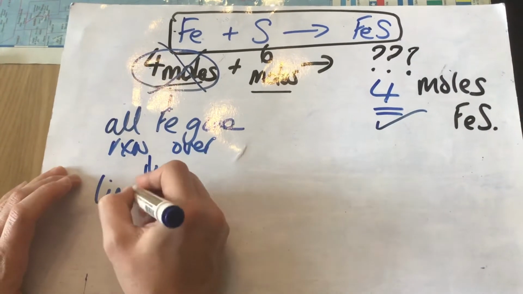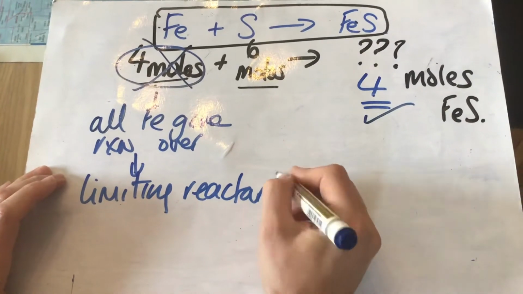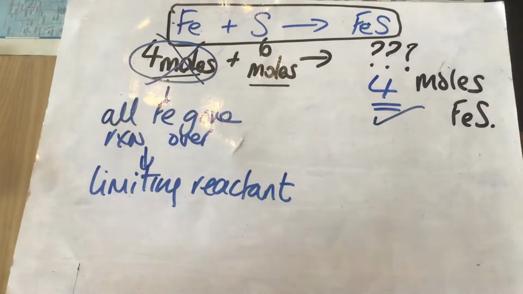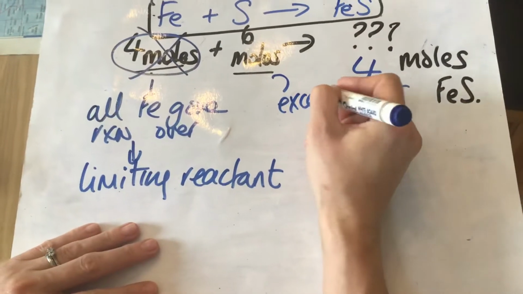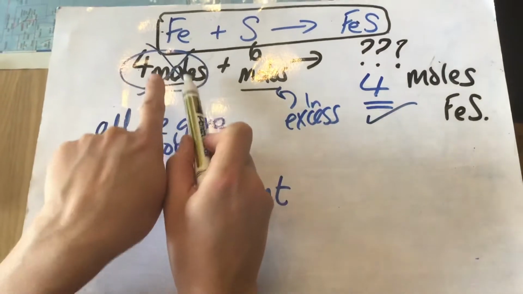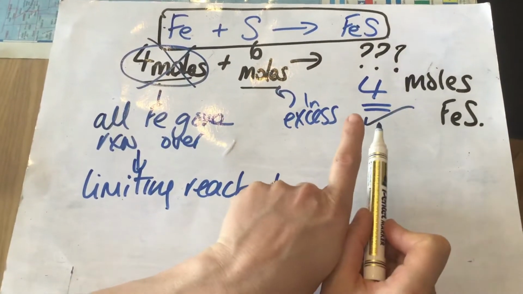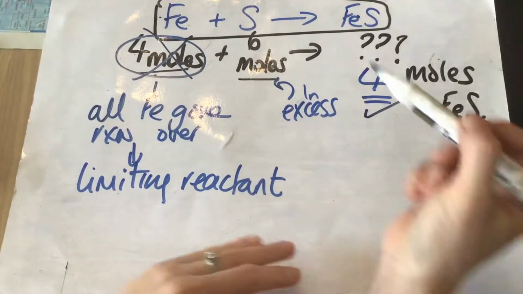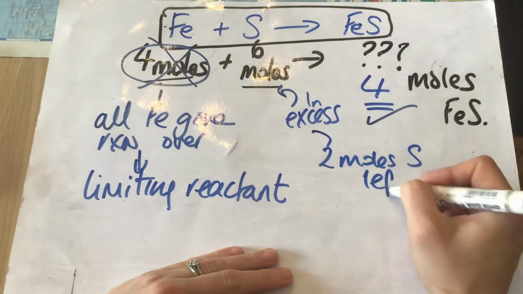So we say that the iron is limiting the reaction, or is the limiting reactant, limiting reagent. The sulfur is in excess because once 4 moles of iron reacts with 4 moles of sulfur to make 4 moles of iron sulfide, because your ratio is 1:1:1, you will have 2 moles of sulfur left over.